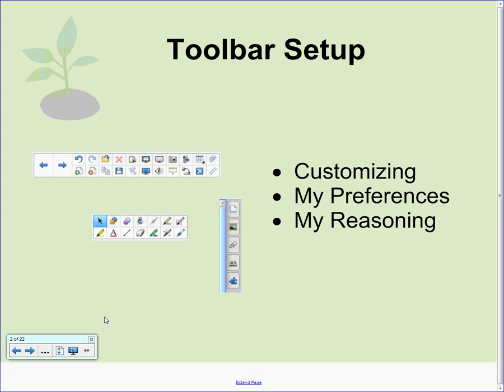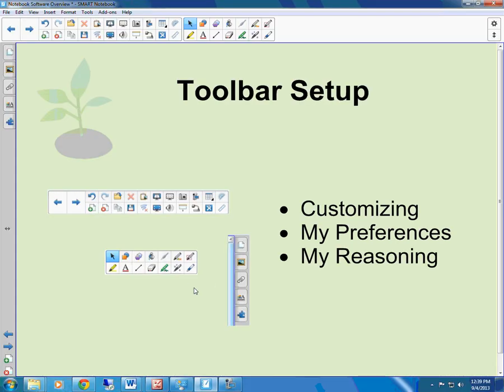Because of this, and not only because of this, I like to have all these tools available, and I'm not a huge fan of the floating toolbar, so I don't use the full screen view that is probably what everyone uses. I don't use it because I don't like it. I like to have all these tools accessible. I set them up, customize them so that they've got all the different kinds of tools that I would want to have, and it's a system that works for me.